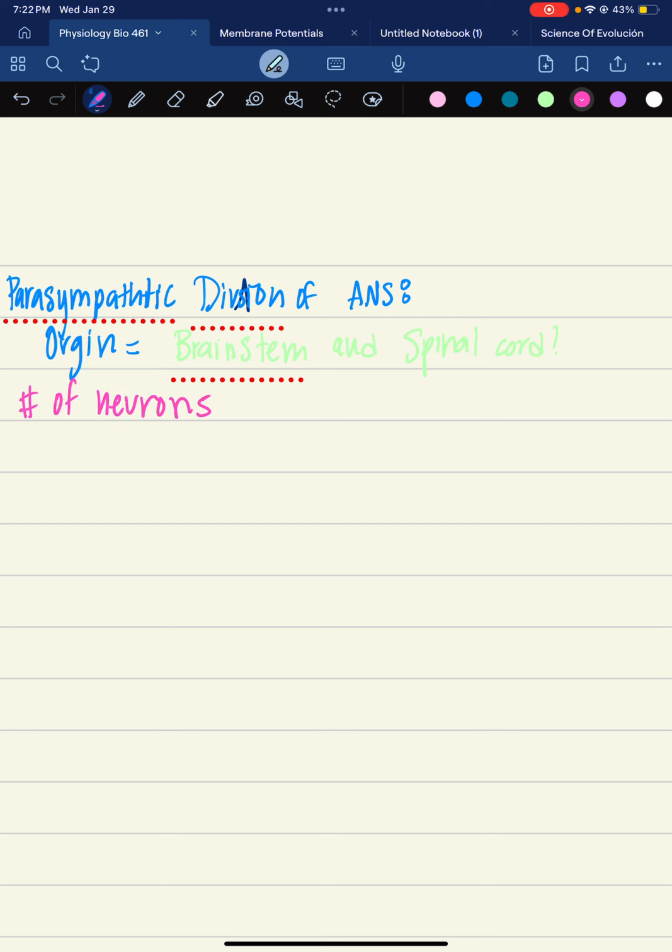We have the preganglionic neuron and the postganglionic neuron, so pre and post. And then ganglia. It's near the terminal ganglia, so the effector organs.